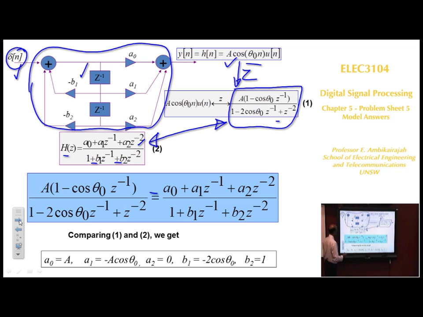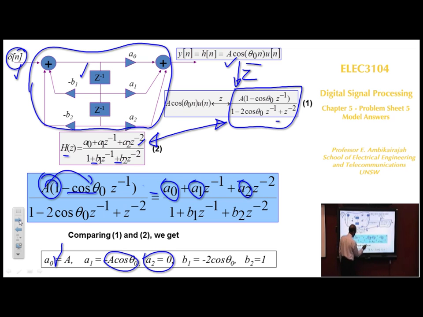What does that mean? Coefficient A0 must be equal to that multiplied by that A. So that's done. A1 should be equal to A times cos theta naught minus cos theta naught. So A1 is that. There's no A2 here, so it should be 0.